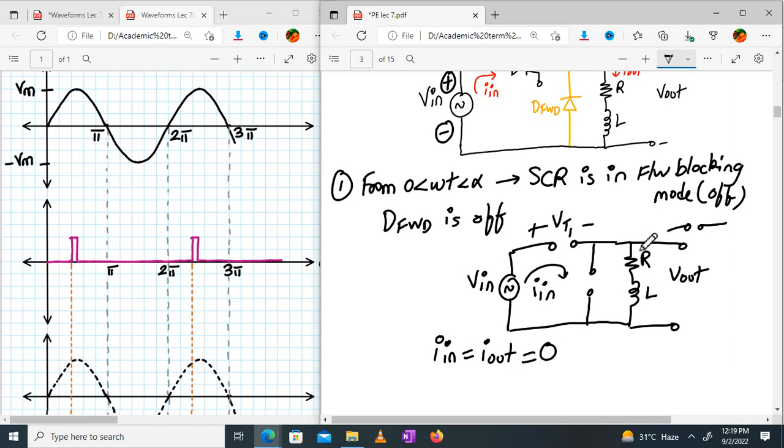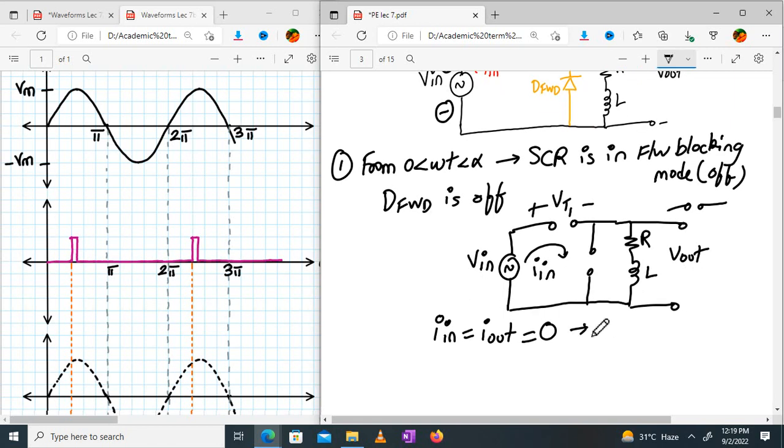If there is no current, there is no question of any voltage. So my output voltage will be 0. But what will be my voltage across the SCR? VT1. What will it be?